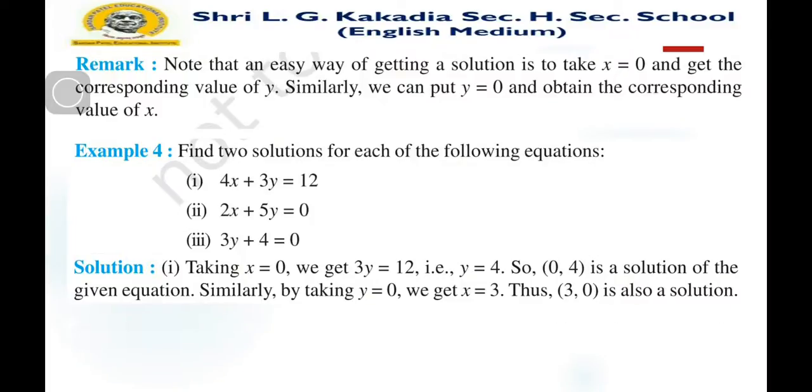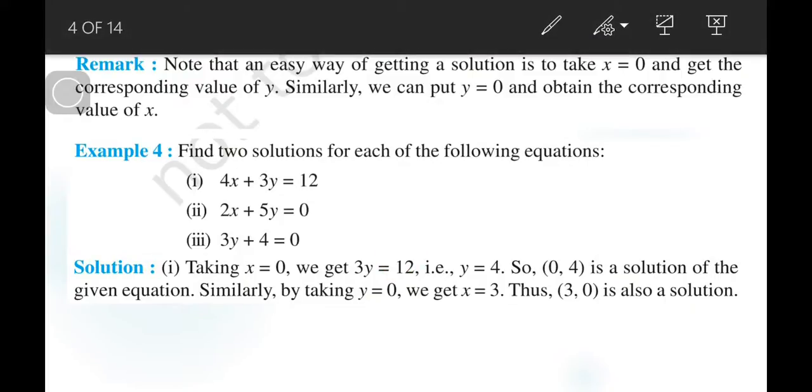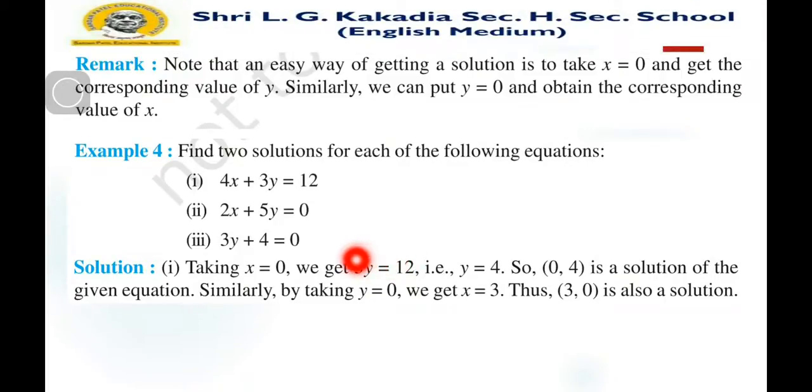So here, taking x equal to 0, we get 3y is equal to 12, that is y is equal to 4. So (0, 4) is a solution of the given equation. Similarly, by taking y equal to 0, we get x is equal to 3. Thus (3, 0) is also a solution.